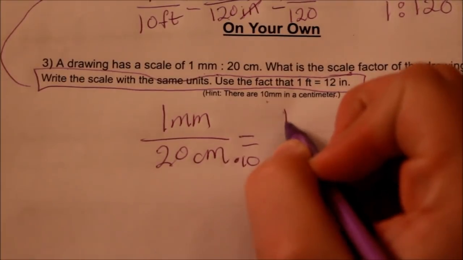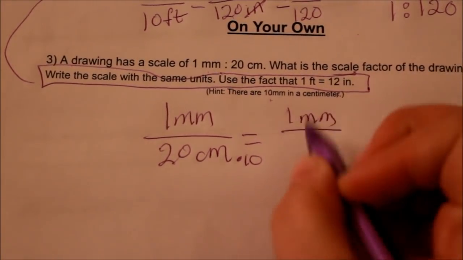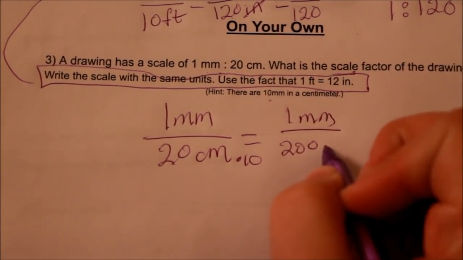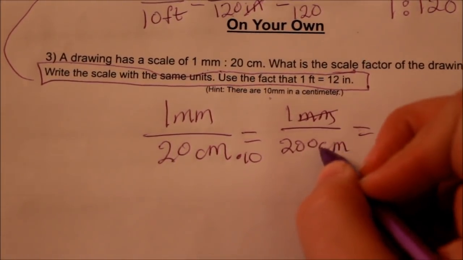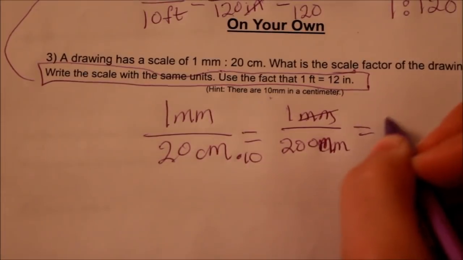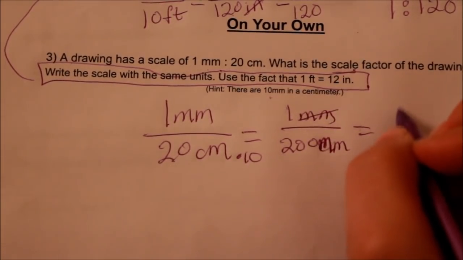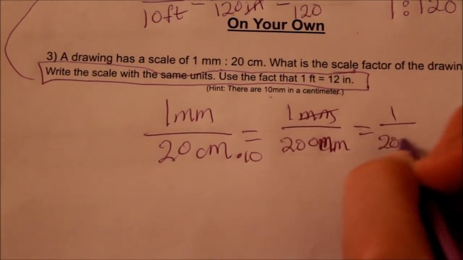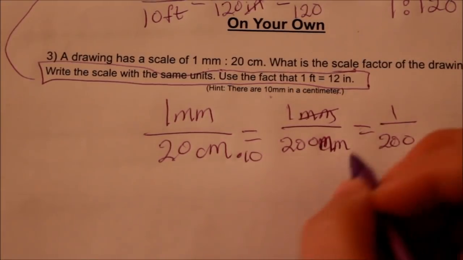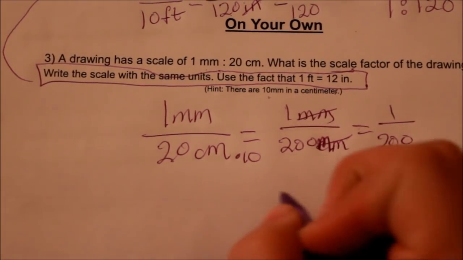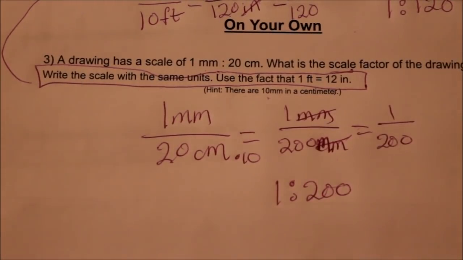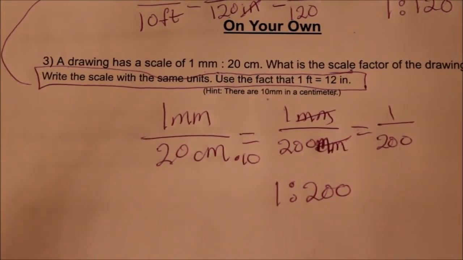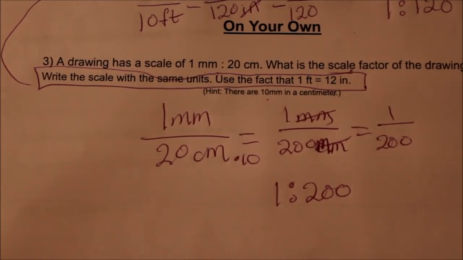So then we have 1 millimeter per 200 millimeters. We set that equal to 1 over 200 without the labels. We can cross those out. So then we have 1 to 200. Our scale factor would be 1 to 200.